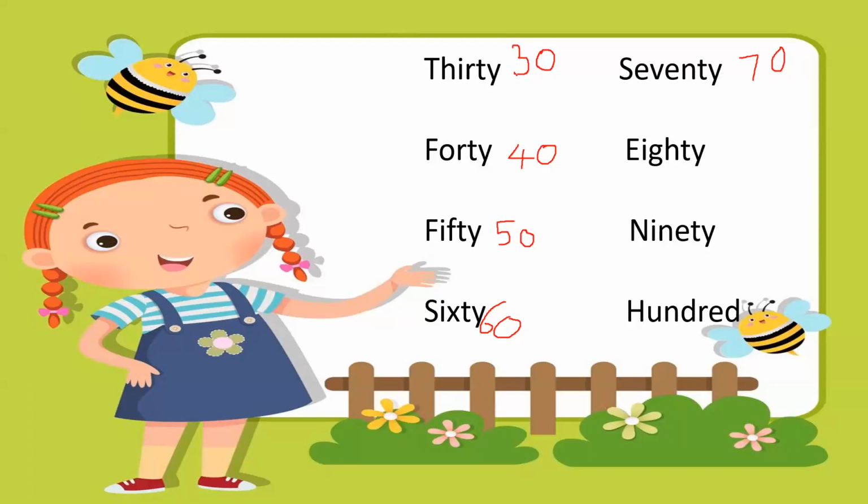Shavni? Which number are we doing? We are doing the number 80. Eighty, 80. Yes. Now how to write the number 80? Okay. Now next 90. Next number is 90.